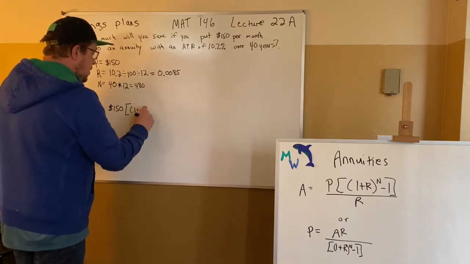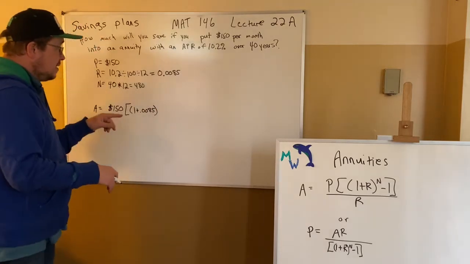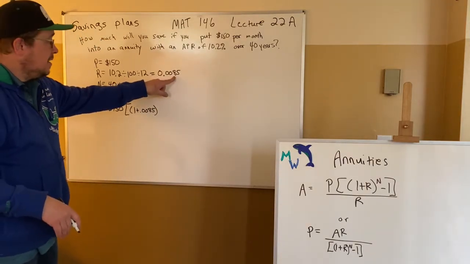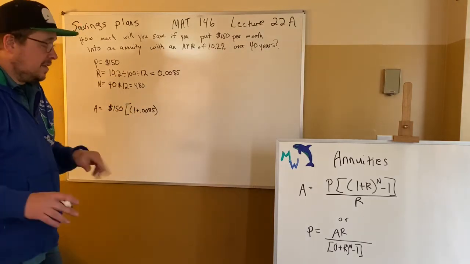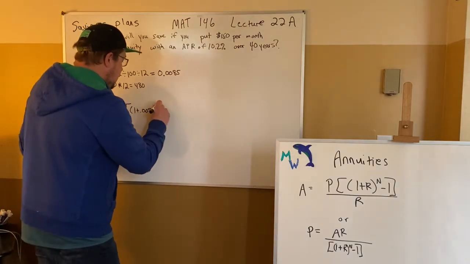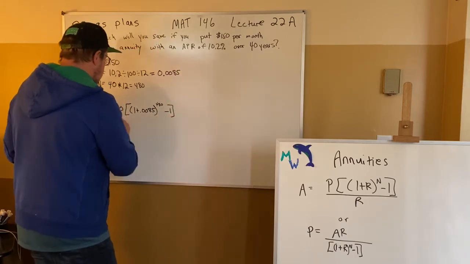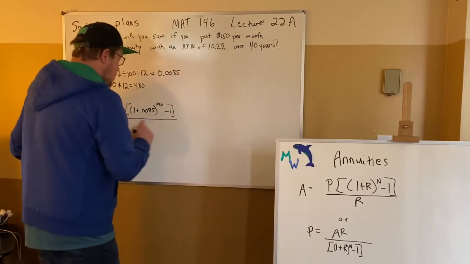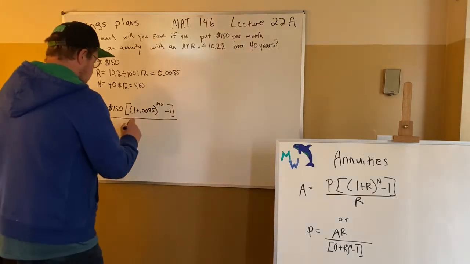I could write that as 0.0085 right behind the 1 in this case, but sometimes, since that doesn't terminate as a decimal, we will have all of this stuff to go in our parentheses and let the calculator get it for us. To the power n, which is 480, then minus 1, and close our parentheses. Then in the denominator we have R again, 0.0085.